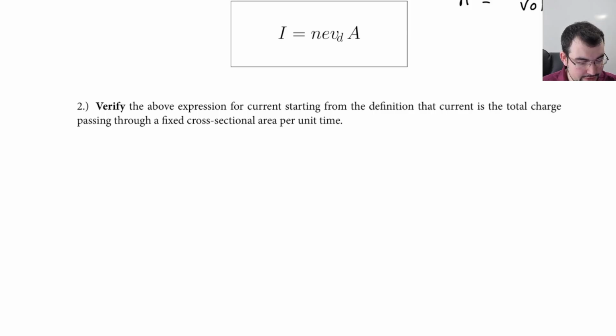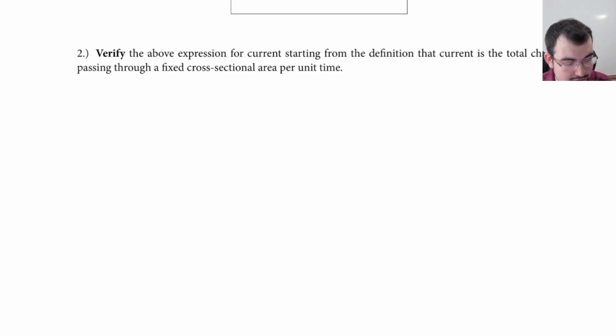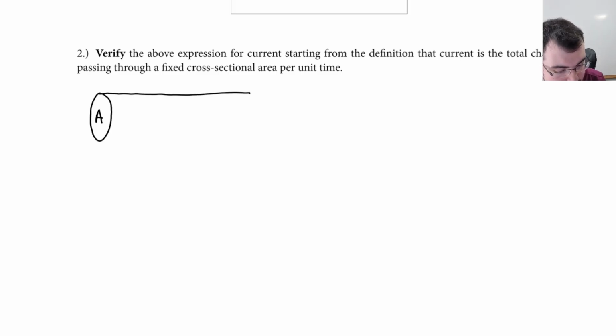So it says verify the above expression for current, starting from the definition that it is the total charge passing through a fixed area per unit time. So we're going to draw ourselves a wire. We're going to make it a circular cross section, although it totally does not matter.